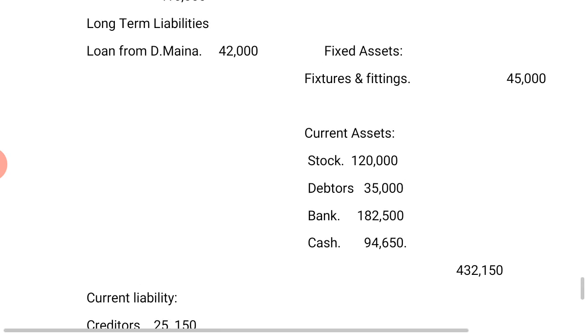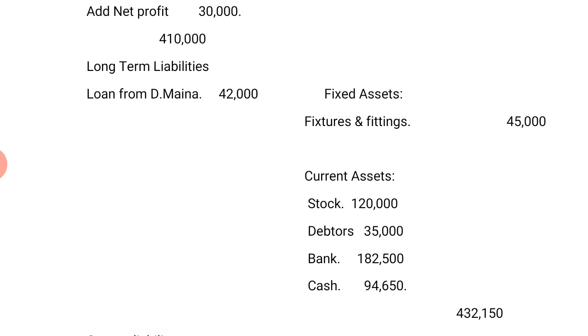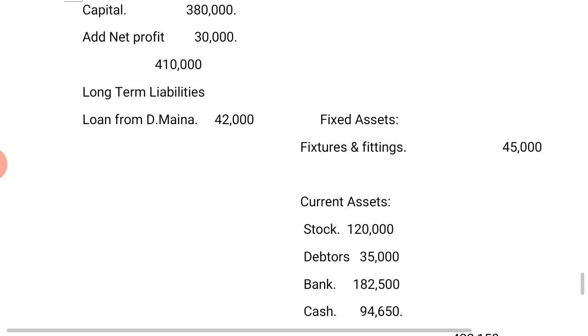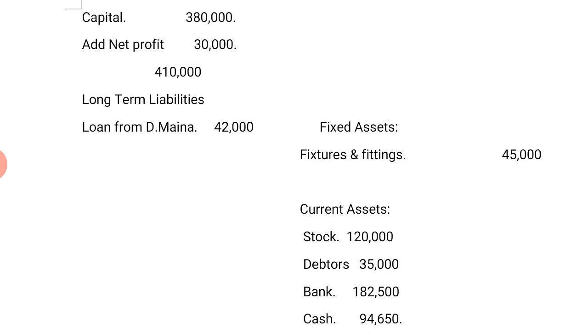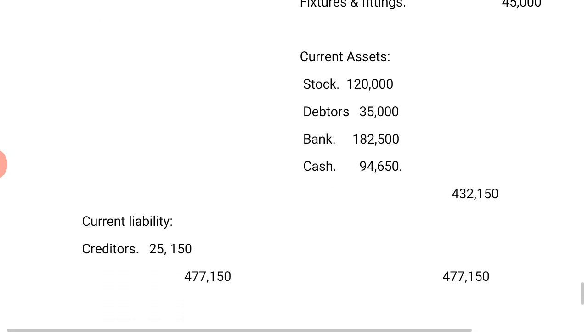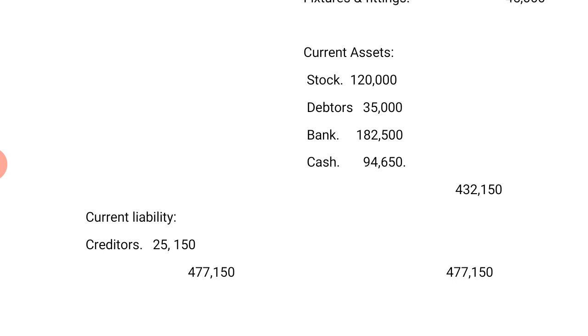So we now add the capital and the net profit, that's 410,000 naira, plus 42,000 naira, plus our liability 25,150. It will give us 477,150. So if you look at the account, it is balanced.